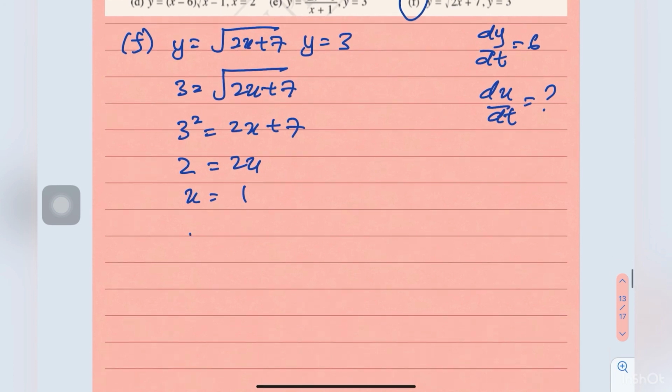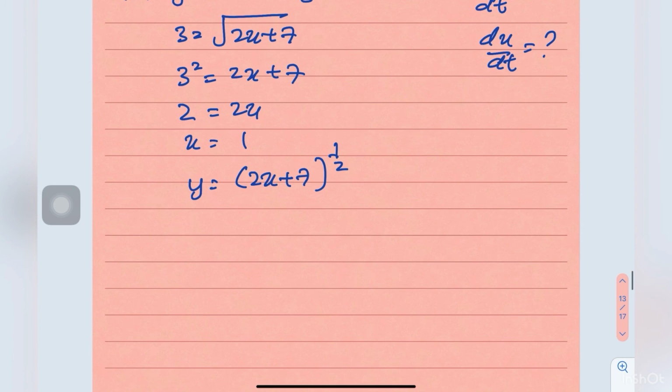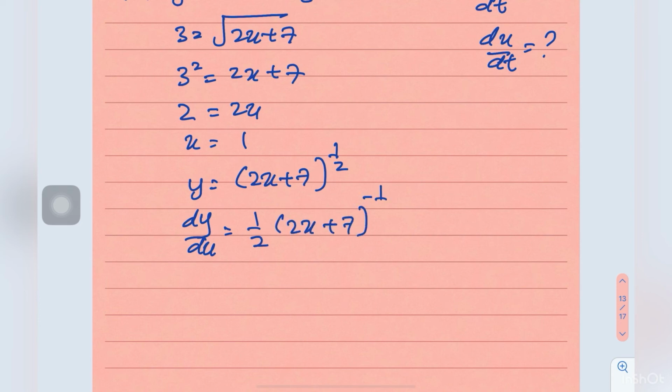Okay. So here we have y is the square root of (2x plus 7), which is (2x plus 7) to the power of half. So by using the composite function or power rule, we find dy/dx, the first derivative. So 1 over 2, (2x plus 7) to the power of negative 1 over 2, times 2. Okay, here 1 over square root of (2x plus 7).